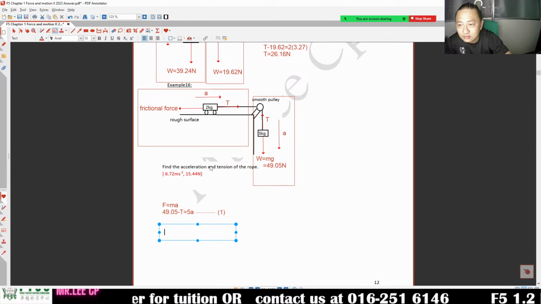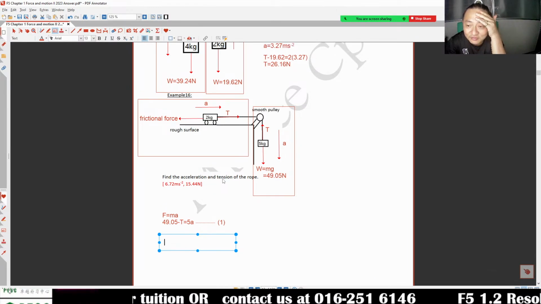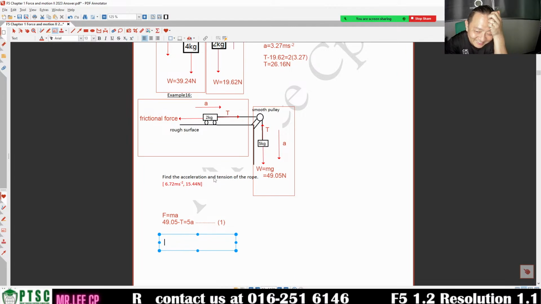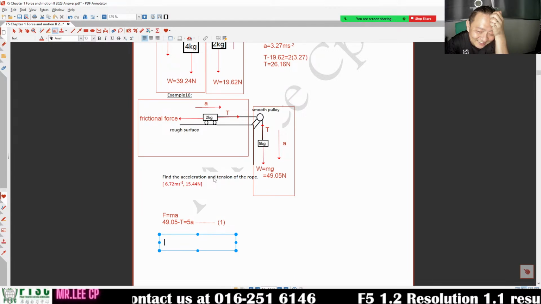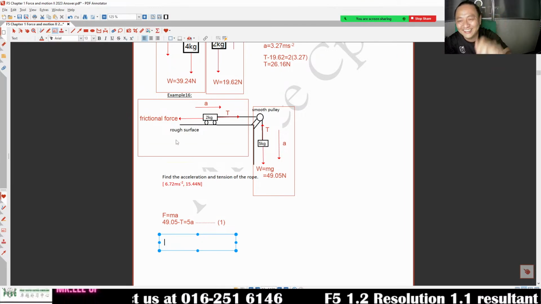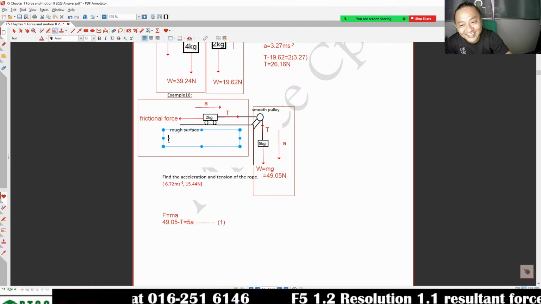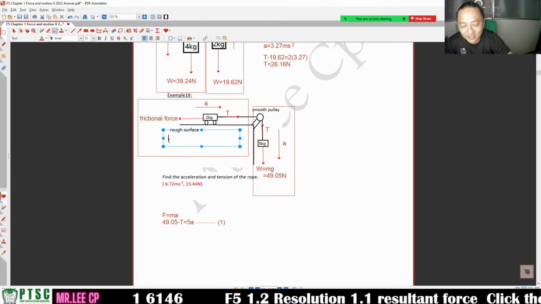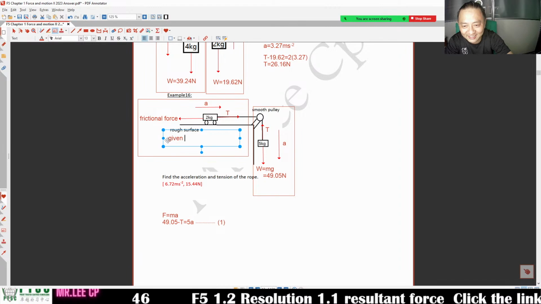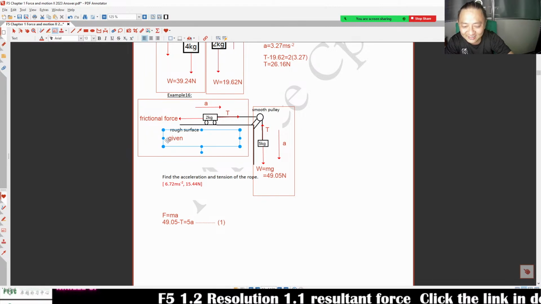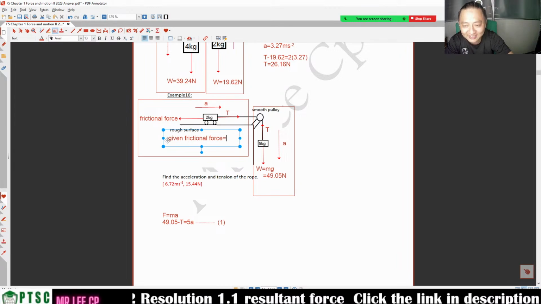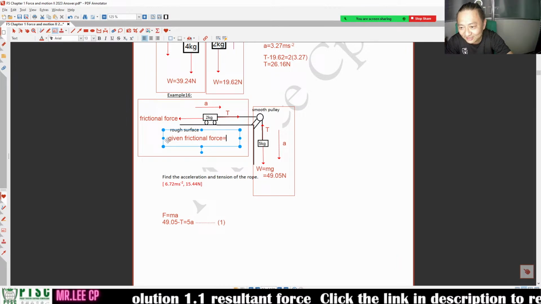I didn't give the rough surface friction, how much? You see, my question got an error. Cannot do. Sorry, given, right? Frictional force is 10 Newton.